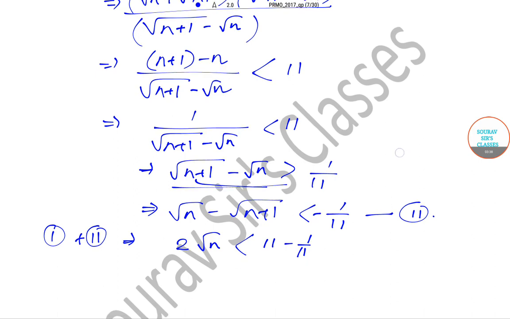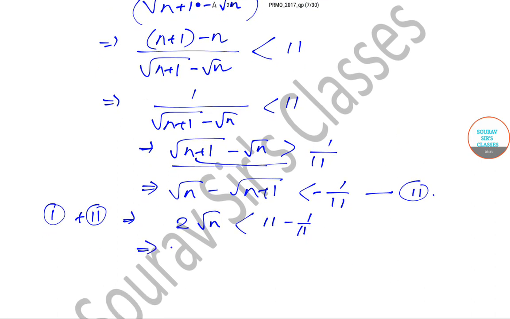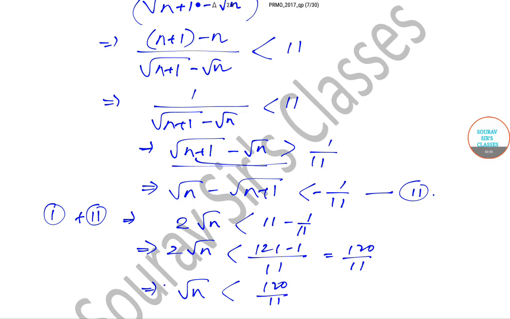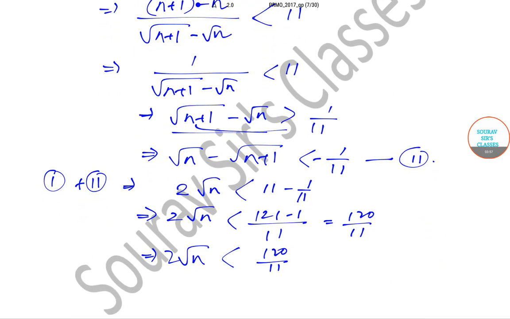Now we'll proceed with this structure. So 2 into root over n will be less than 11 minus 1 by 11, that is 121 minus 1, so this will be 120 by 11. So root over n will be less than 60 by 11.